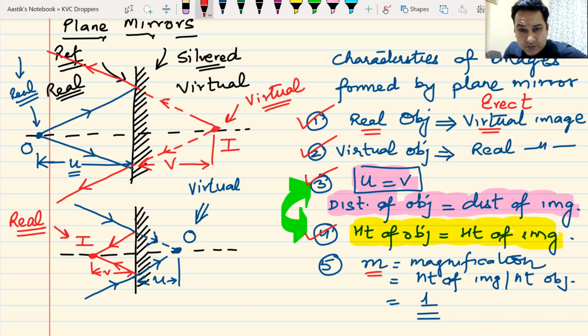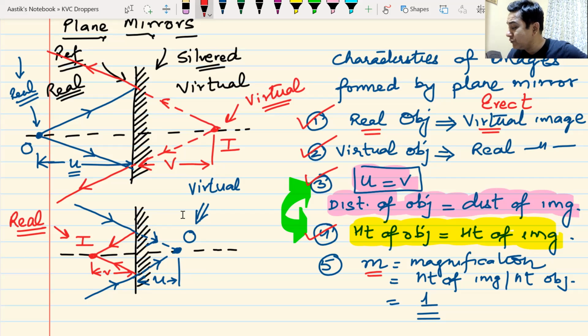It can only form a virtual image of the object. So if the object is real and it is erect, the image would be erect as well, because it is a virtual image. That is one thing you should remember: for a real object, the image would be erect. Do we understand this? Yes, sir. Because the image is virtual. That was one point that I think I had missed, so I have clarified it.